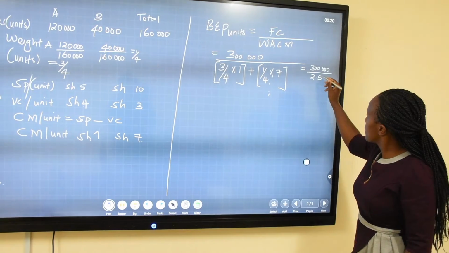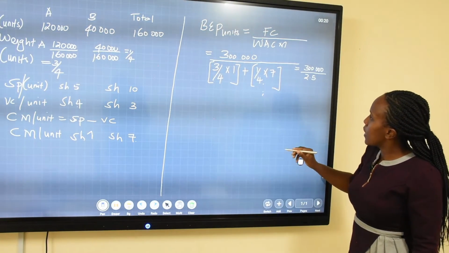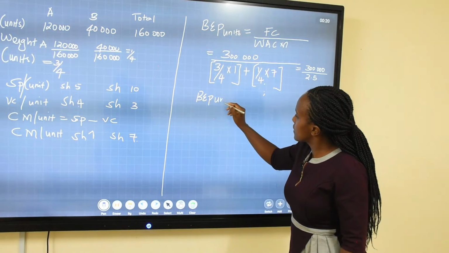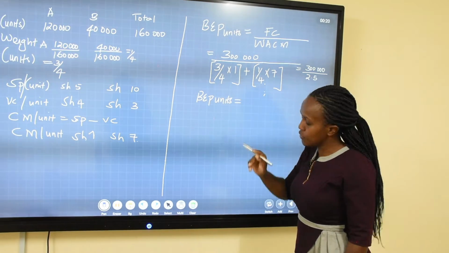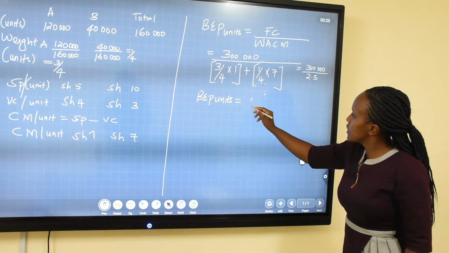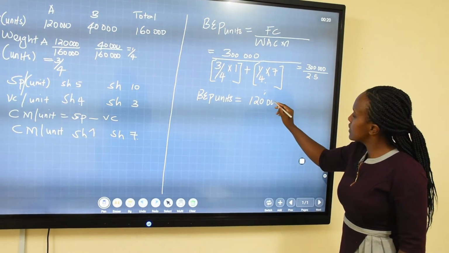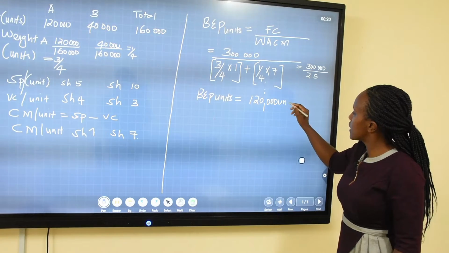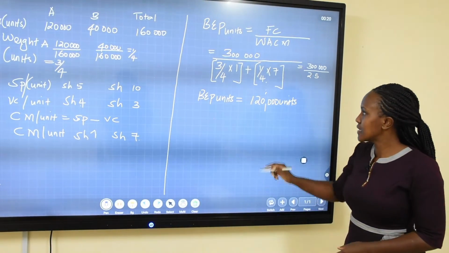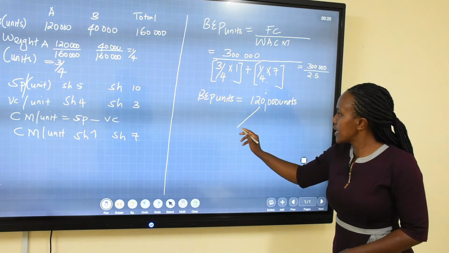So this means that our answer, the BEP in units, is equal to 120,000 units. This is the total number of units we need to sell for the organization to break even. And this is a combination of A and B.